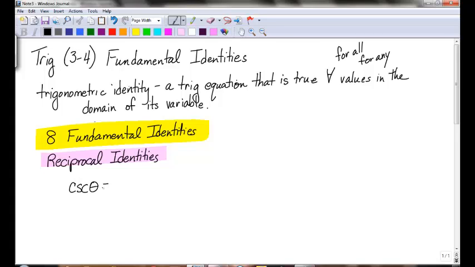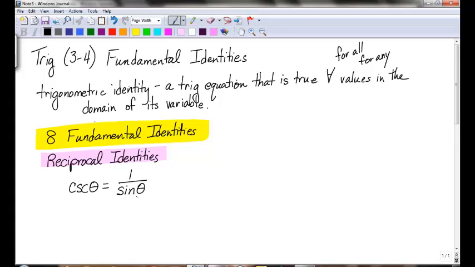They're going to use theta for their angle. On the calculator it'll be x, but for what we're doing on paper, they're going to start using theta, alpha, beta. Remember, those are all on page 16 in your book. Cosecant of theta is a reciprocal with sine.